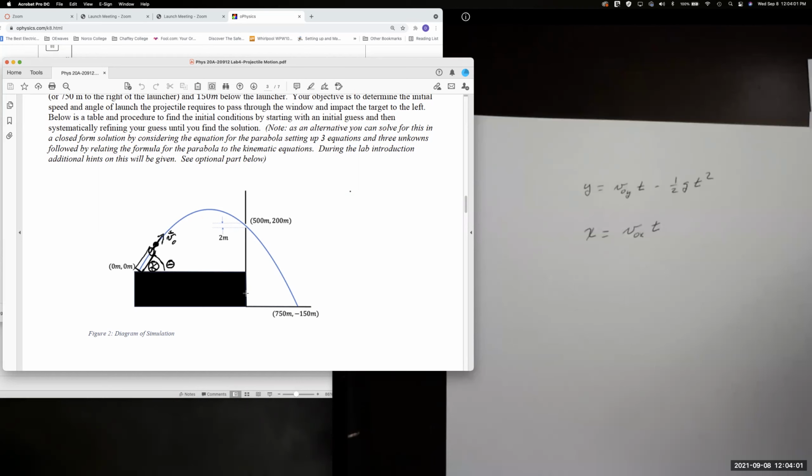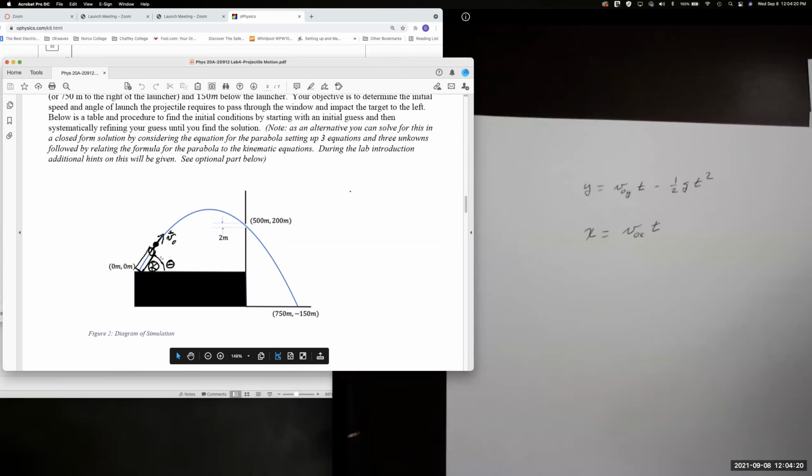So you're shooting from behind a cliff through some sort of fortress wall down into some pit, if you will. It's minus 150 meters below the cannon and 750 meters away.